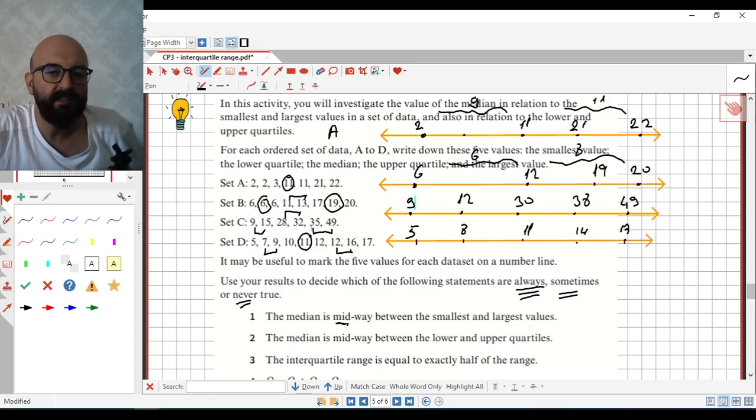So this is not the same, because the ranges are different.